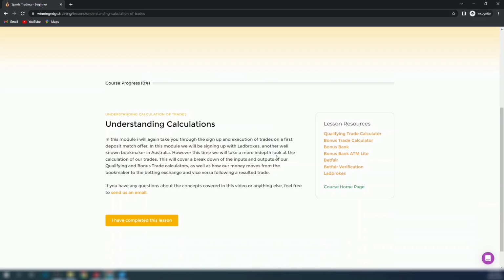Now, although it does definitely work, this method is not nearly as efficient as the ATM. What I mean by that is that the trades that you find on the ATM generally are going to have a lower percentage loss on your qualifying trade and a higher percentage return on your bonus trades.